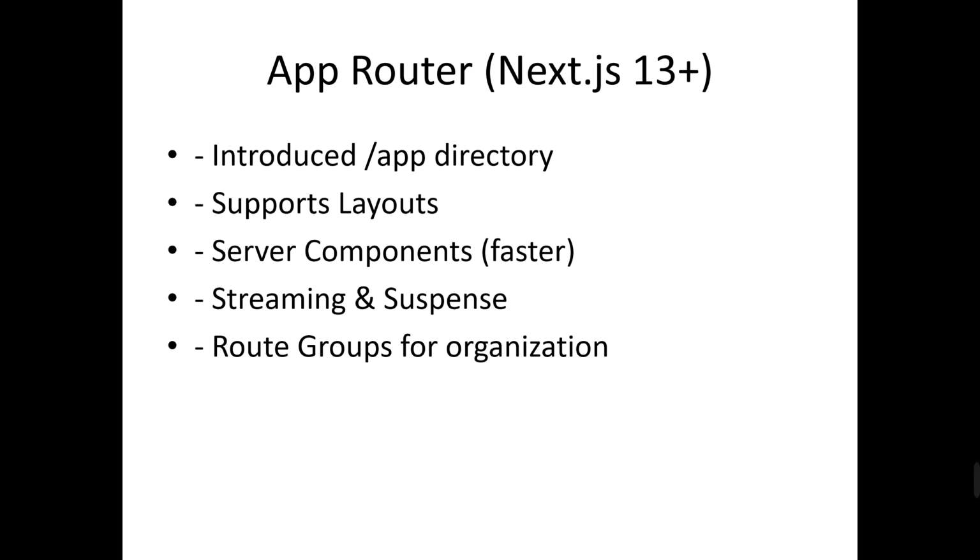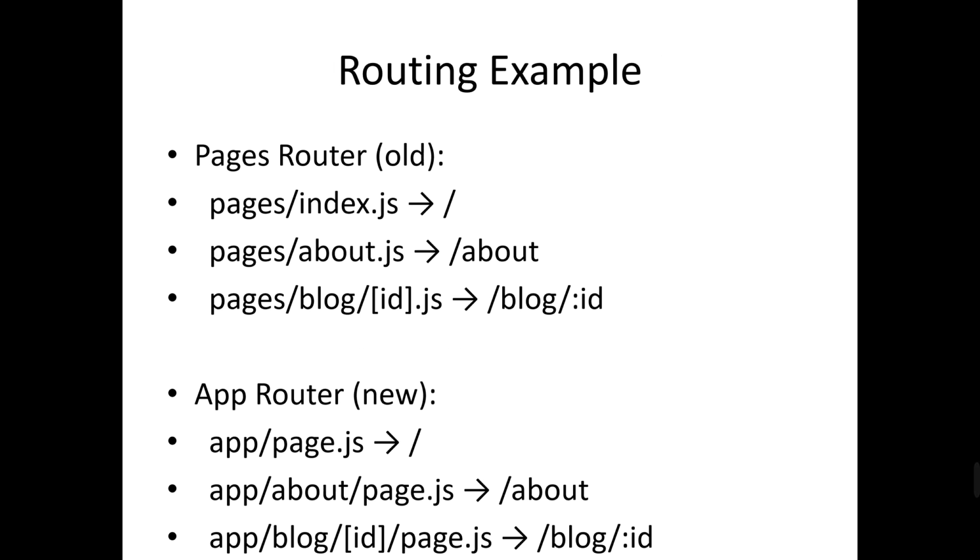And route grouping for organization. We can group routes, like login, register, and logout, together, which we will see afterwards. So this is the routing example. Here are the old routing methods and these are the new routing methods. We'll be making use of the new routing methods.